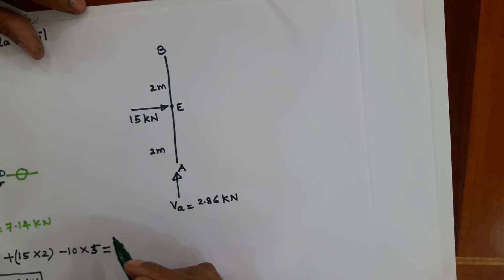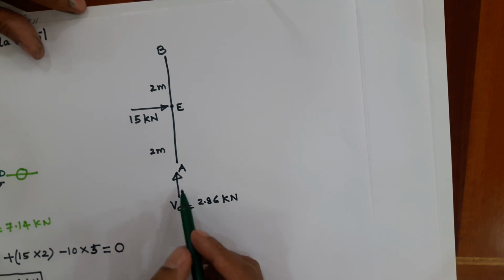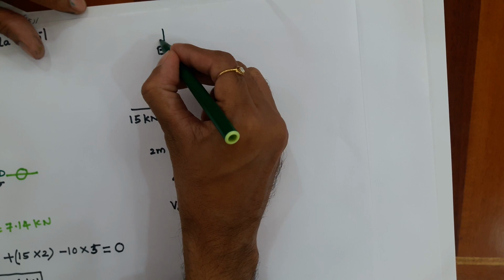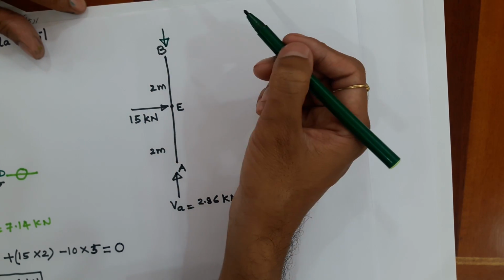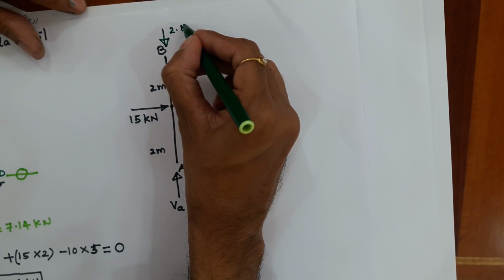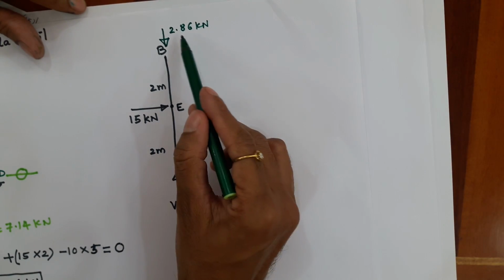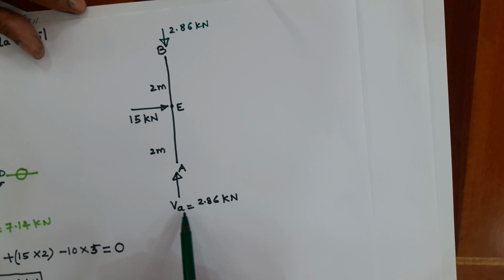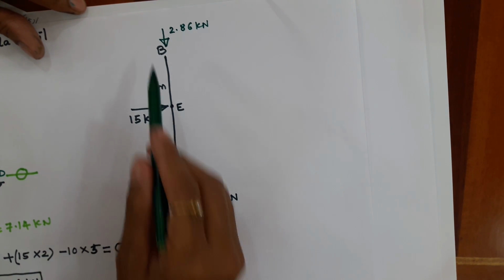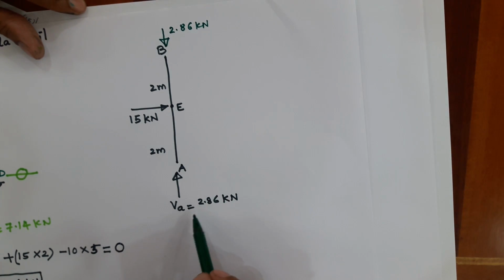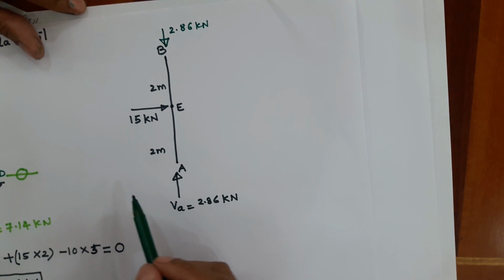Going by that fact, it is obvious that this VA 2.86 in upward direction has to be balanced by a downward reactive force of 2.86 kilonewton at B. That is, this force is equal in magnitude to this and opposite in direction. So again, when you apply summation of Fy to this element, this 2.86 upward minus 2.86 downward is 0.